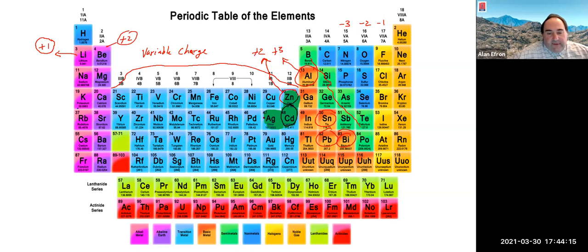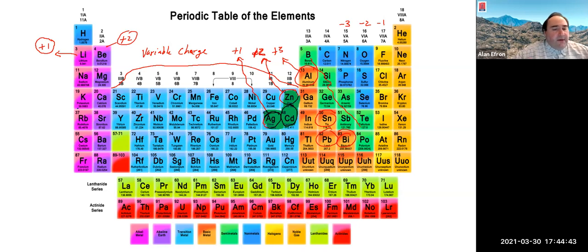Hanging a left over here to silver, that guy typically is going to be a fixed charge of +1. So those are 3 little exceptions in the transition metal region that, although they are technically transition metals, they do have more of a fixed charge, and that's how we deal with those when we talk about naming. Any questions on that so far?